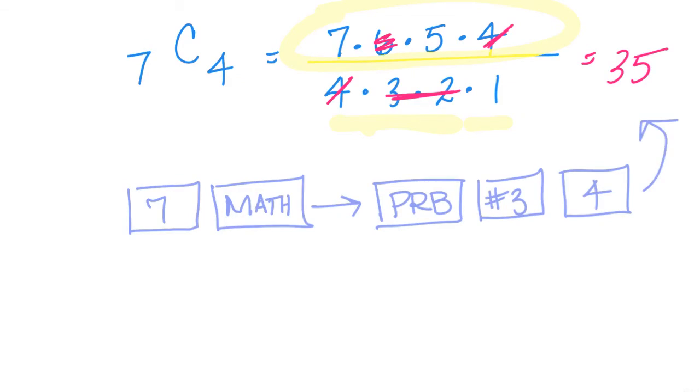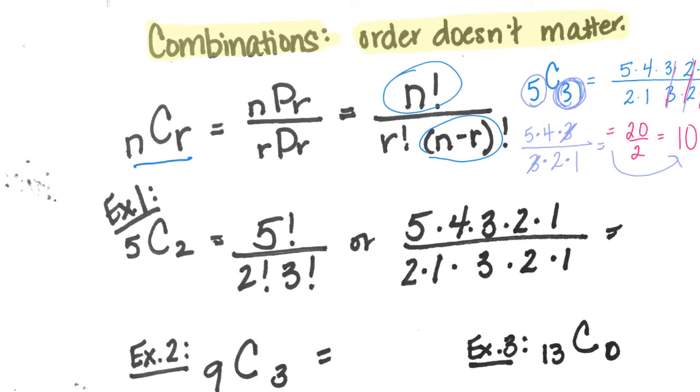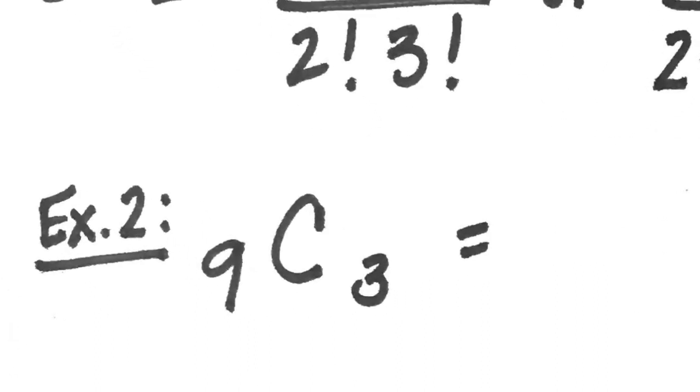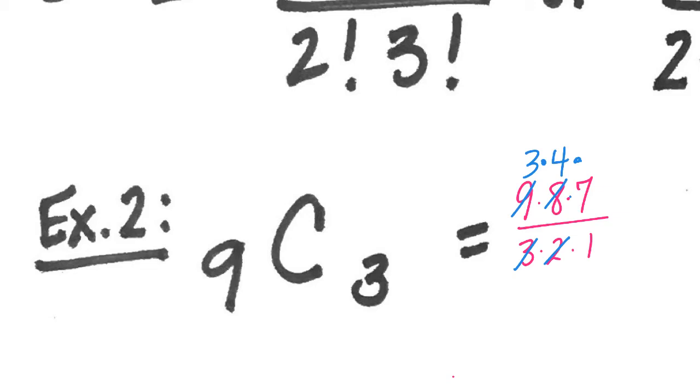Now, let's talk about the difference of permutations and combinations, because this is where it all goes down. Well, before we do that, let's answer some of the questions. 9 combination 3 is 9, 8, 7 over 3, 2, 1. We can cancel 3, 4, and I know 3 times 4 is 12, times 7 would be 84.